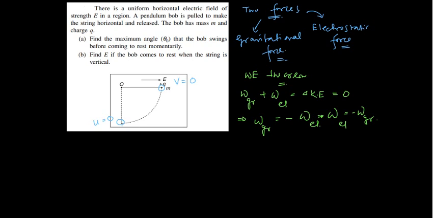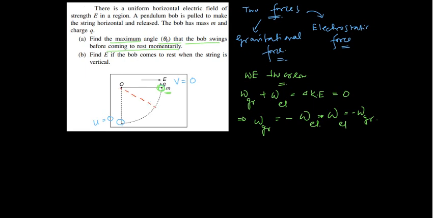So let us calculate what is the work done by gravity. Now they are asking: find the maximum angle theta naught that the bob swings before coming to rest momentarily. That is interesting, because they are not saying that the bob is coming to rest at this particular point. So it is coming to rest in between somewhere.